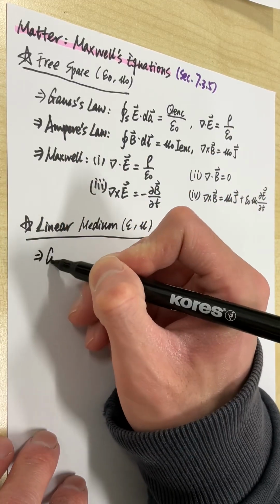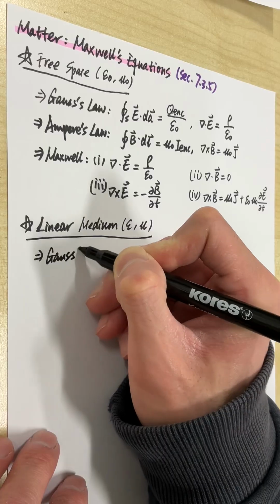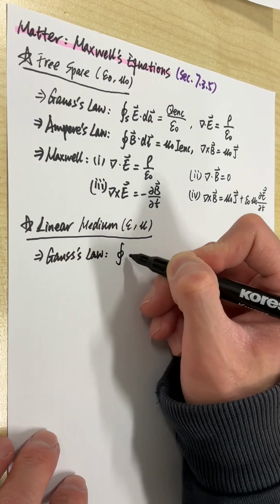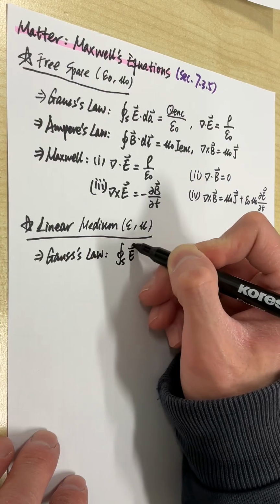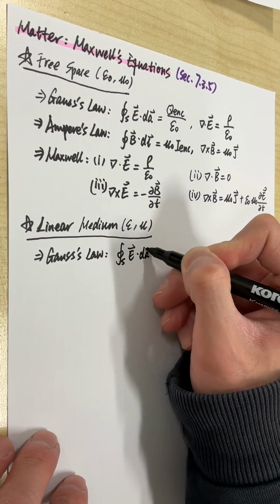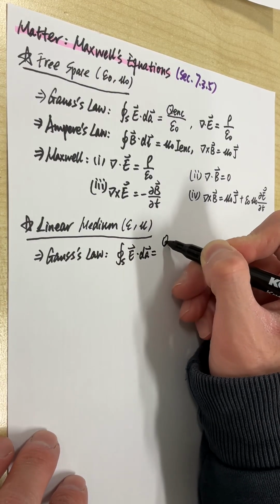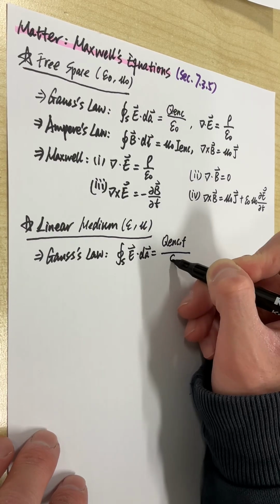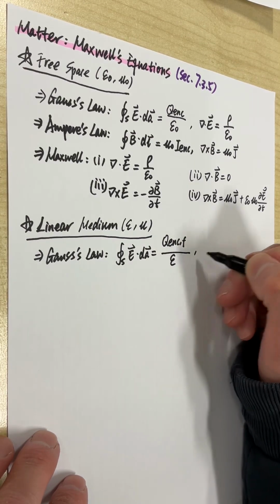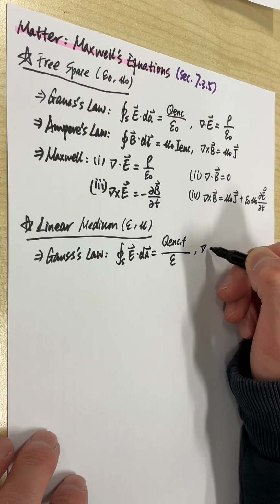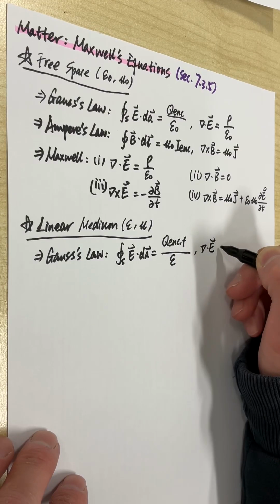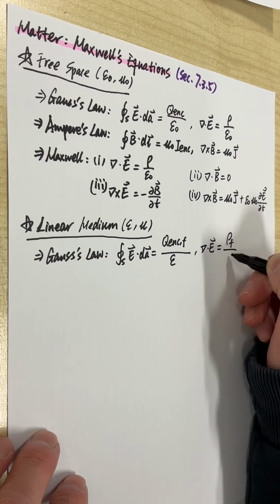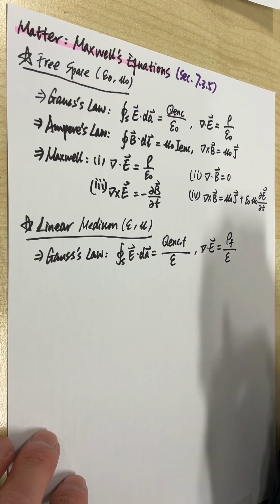Gauss's law is modified to be the closed surface integral of E equal to the total free charge enclosed divided by epsilon. And then the differential form is the divergence of E equal to the free charge density divided by epsilon.